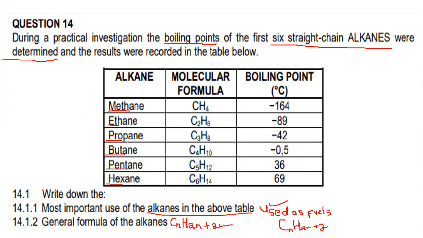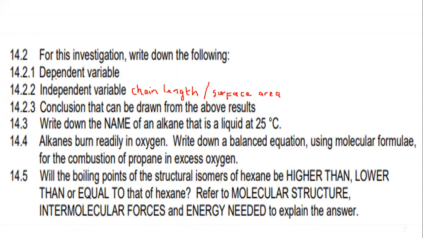And we go on and on. So I can see that when the chain length is increasing, the boiling point is also increasing. So can you see that the boiling point depends on the chain length? Are we together? Right. So the chain length is our independent variable, and the boiling point is our dependent variable.